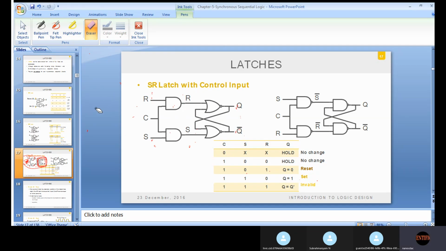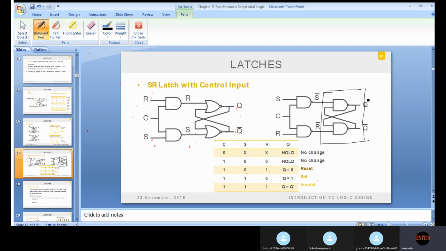Now just see here once. We have the SR latch. Here, what gates are there? NAND gates. Yesterday I gave you the assignment to realize the SR latch with NAND gates.